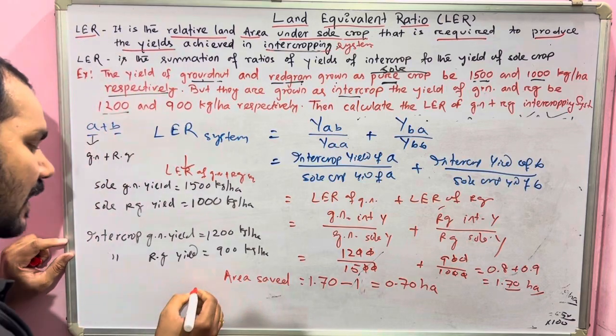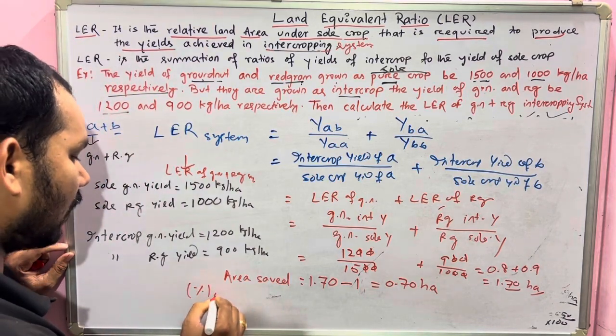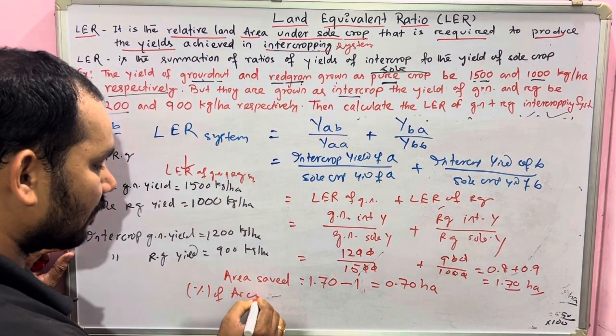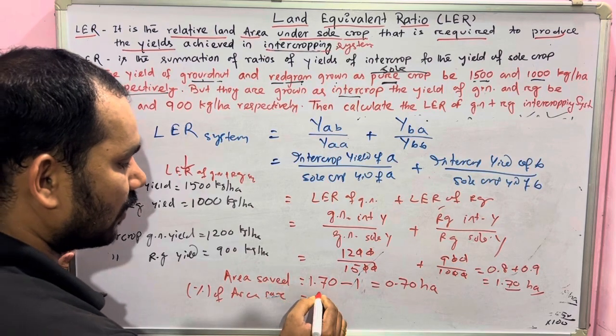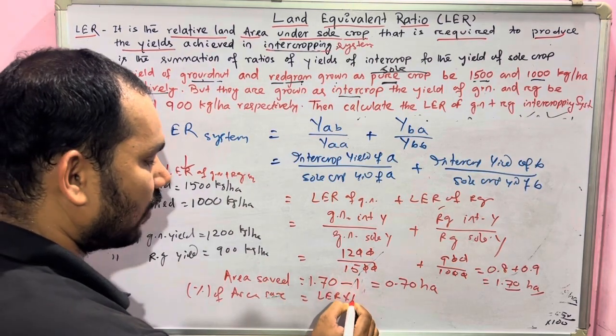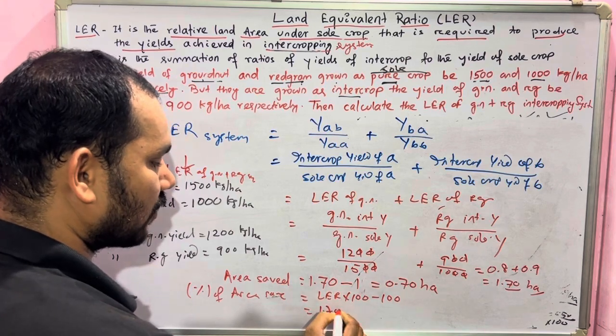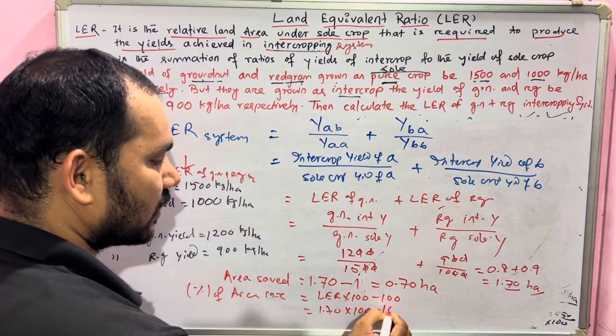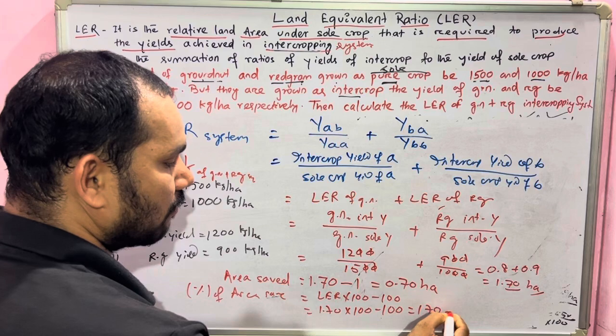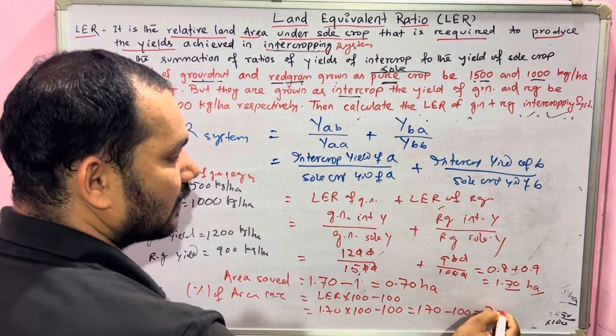If I ask what is the percentage of area saved, it is LER into 100 minus 100. This means 1.70 into 100 minus 100, 170 minus 100, which is 70%.